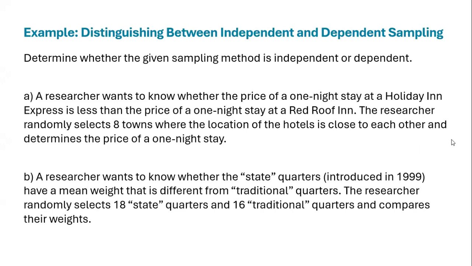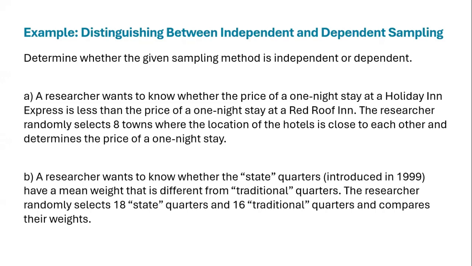So let's look at an example. We want to determine whether the given sampling method is independent or dependent. First, it says a researcher wants to know whether the price of one night stay at the Holiday Inn Express is less than the price of one night stay at the Red Roof Inn. And the researcher randomly selects 8 towns where the location of the hotels is close to each other and determines the price of a one night stay.